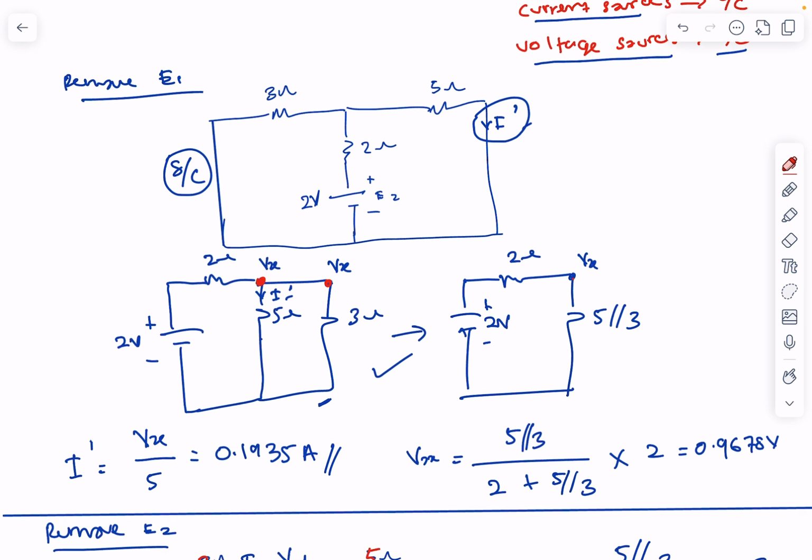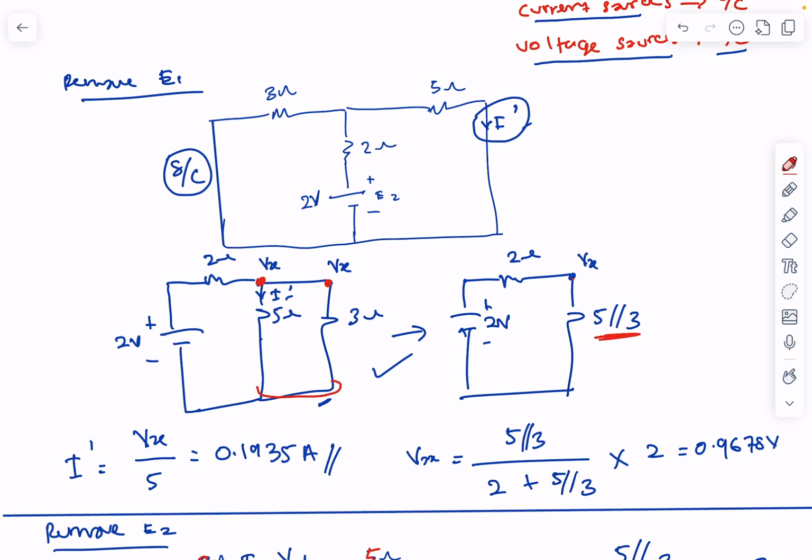I can use the voltage divider rule. But in order to use the voltage divider rule, you need to know first what is here. You need to make this one in series, so your circuit becomes like this.